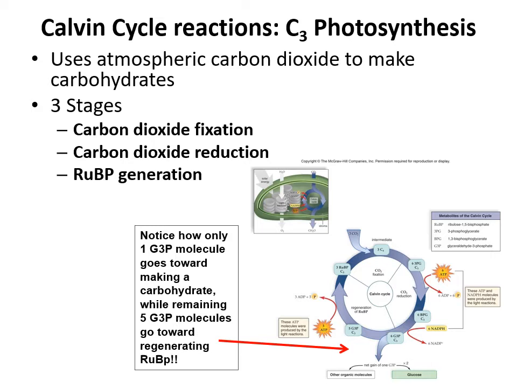But now, this cycle, the C3 photosynthesis, you see 3 stages on here: carbon dioxide fixation, carbon dioxide reduction, and Ruby P generation. So what these terms mean: first you have carbon dioxide fixation, and in this, carbon dioxide is attached to the Ruby P molecule, and Ruby P is simply a 5-carbon molecule.